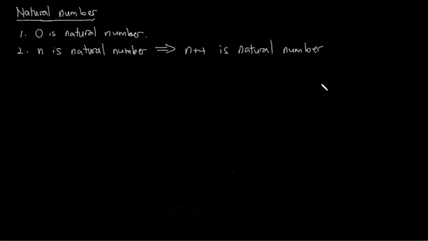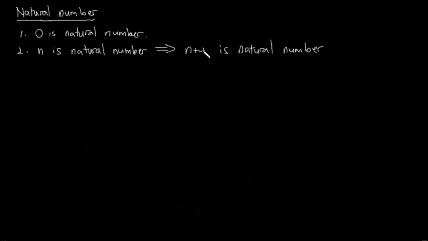These two axioms combined form a series of numbers. So what is n++? n++ is what we know as the successor. So n++ is the successor of n.